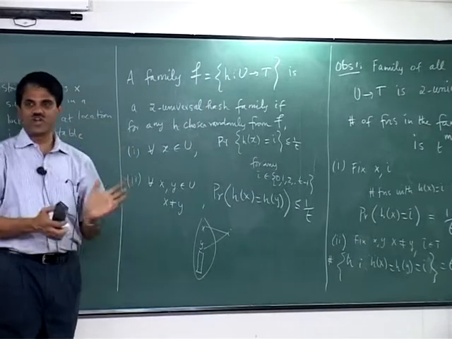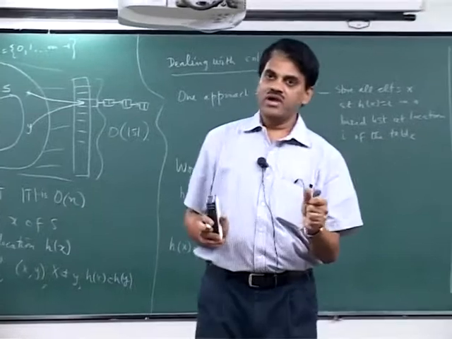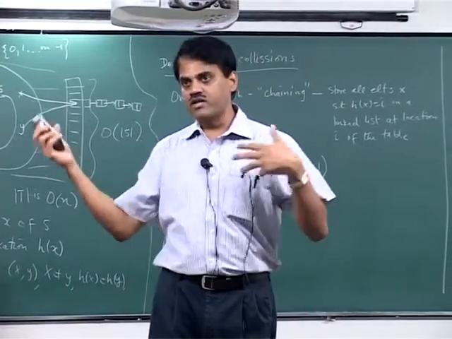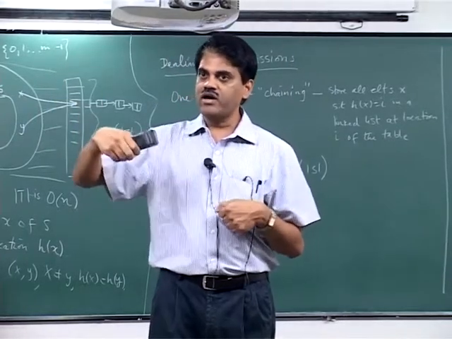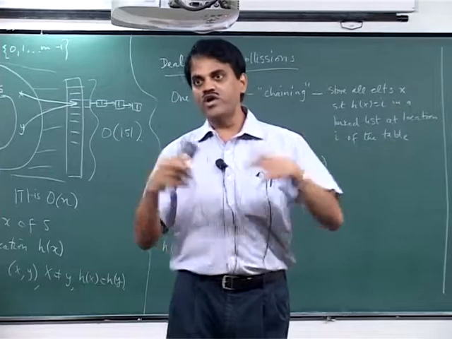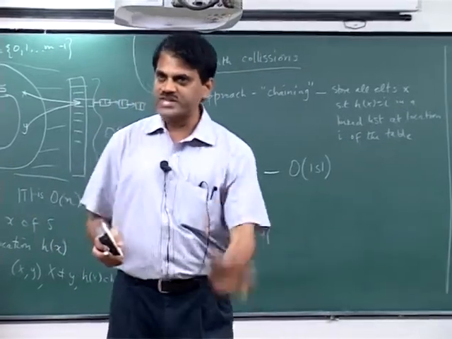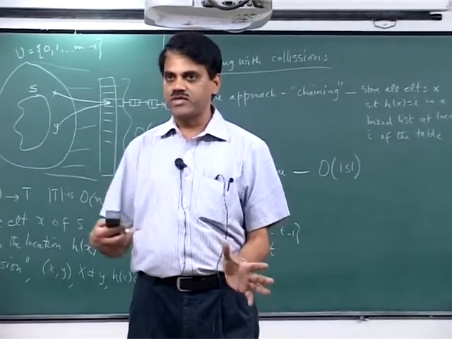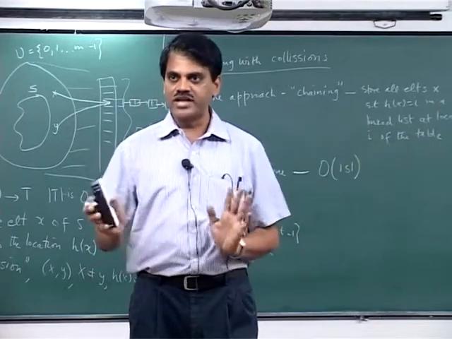This 2 universal is talking about pairwise independence. So once I fix x to have a certain value, in general, talking about functions, it might affect things. Without any condition, the probability that h of y equals i is 1 over t. But once I fix h of x as i, h of y may change. In this case it does not. When I look at all functions, it does not change, but in general it can.